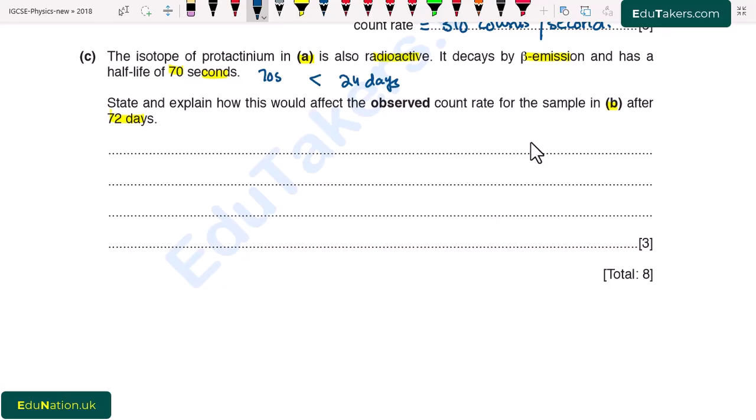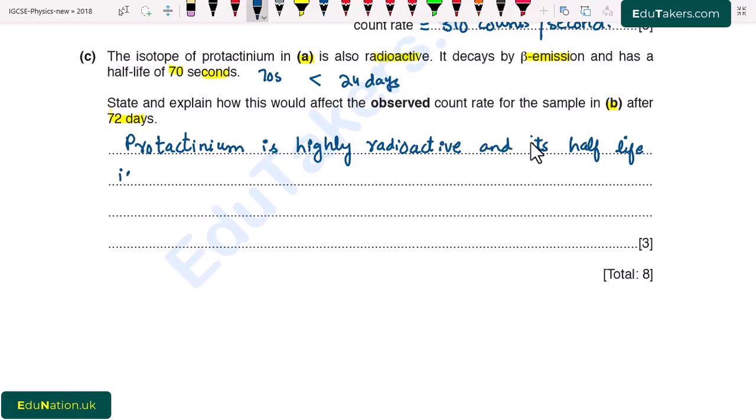I write here, protactinium is highly radioactive and its half-life is much shorter as compared to thorium, whose symbol is Th.